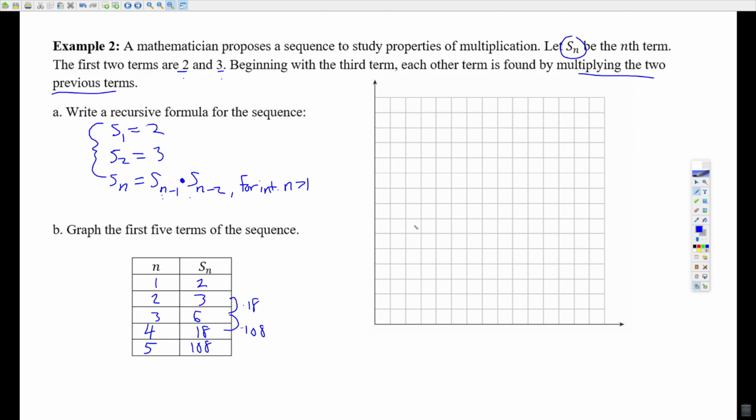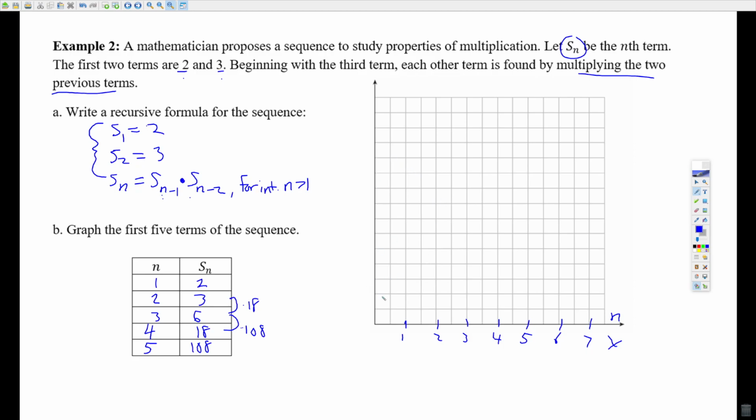And we'll try to put that on here and graph the first 5. Because this is such a much longer x-axis, we're going to go every other one would be 1 on the x-axis. So on the x-axis, this is actually our n values. So this will be 1 here. Every other one: 1, 2, 3, 4, 5, 6, 7. We only have to go up to 5 anyway.